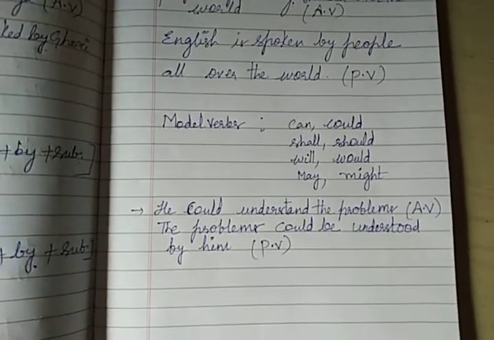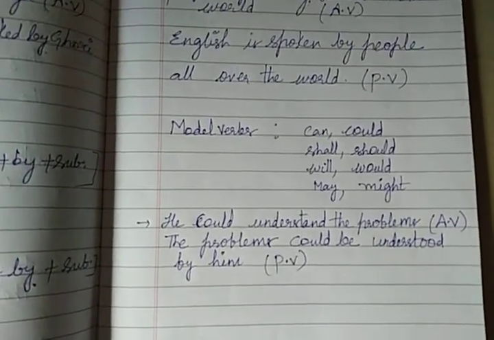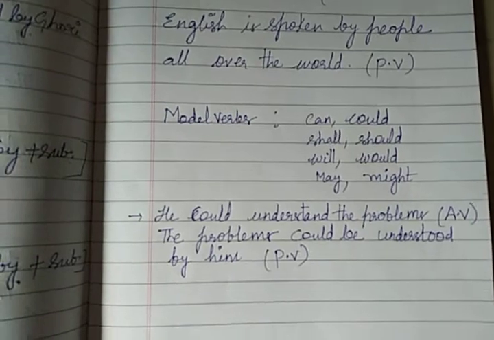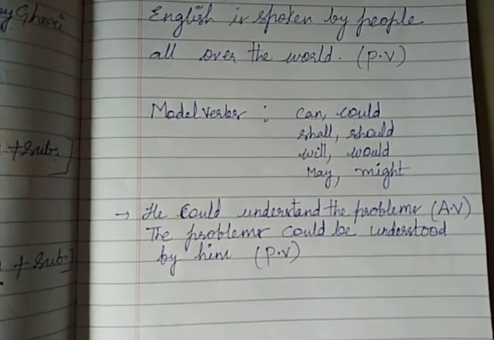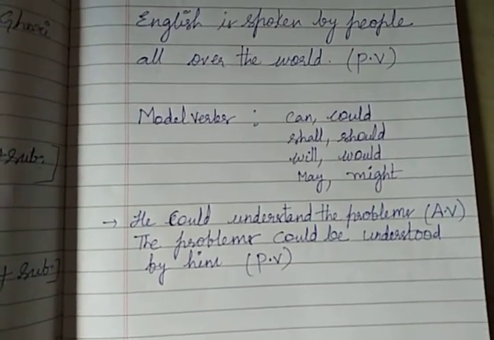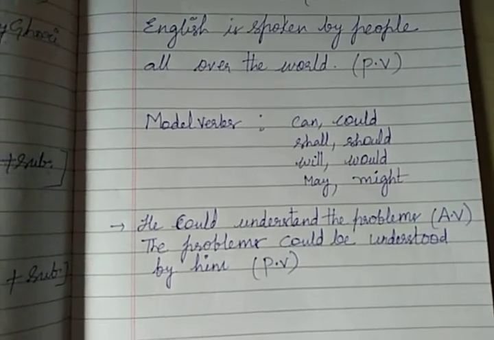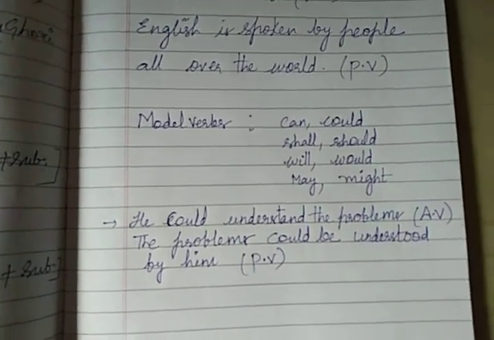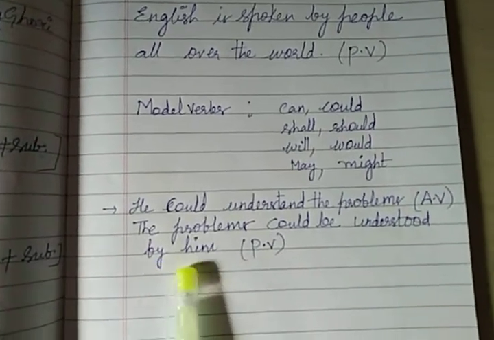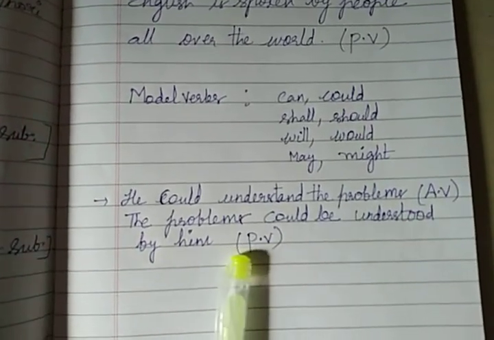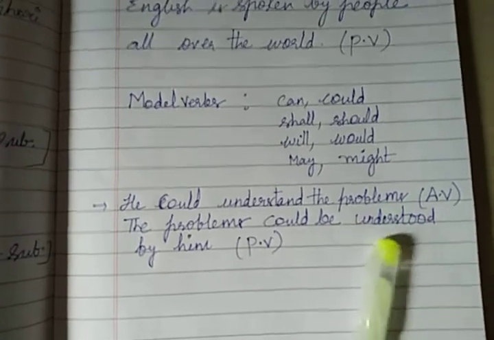So already I informed yesterday, in the last class, that the passive voice should start with object, whereas active voices should start with subject, and compulsory there should be by in passive voice and V3 form.